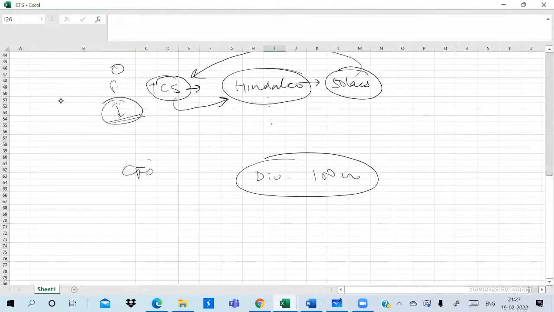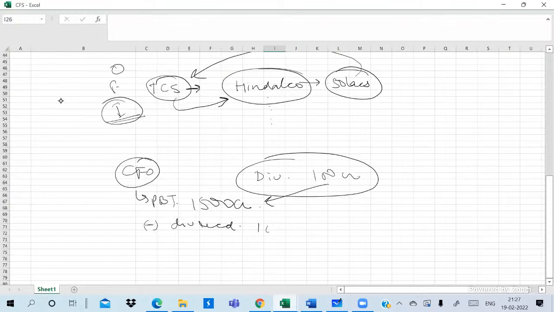And when I calculate my cash from operations, I start with profit before tax. So let's say my profit before tax is 1500 crores. So this 100 is already included in that 1500 crores. So what Asian Paints will be doing is they will be removing this 100 crores over here, dividend receipt, because it's not from their day-to-day operations.